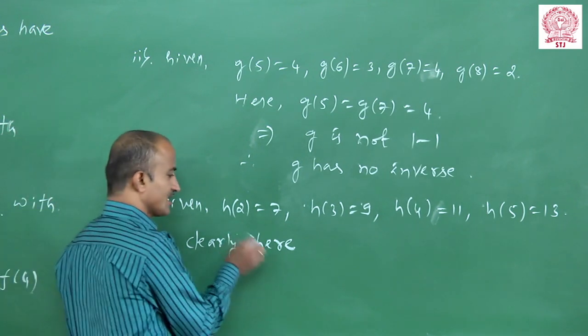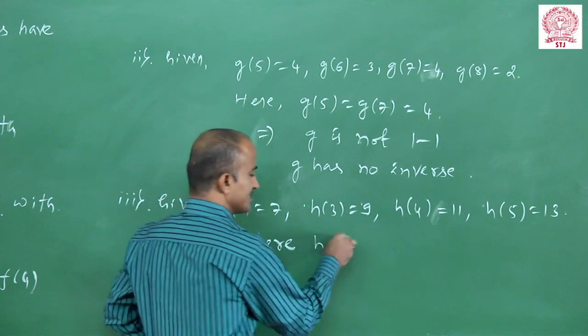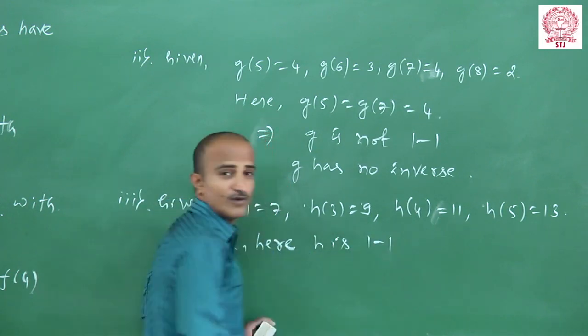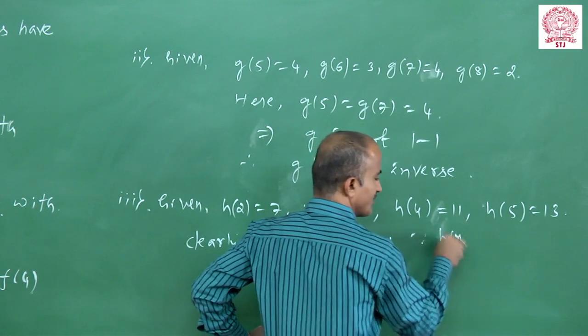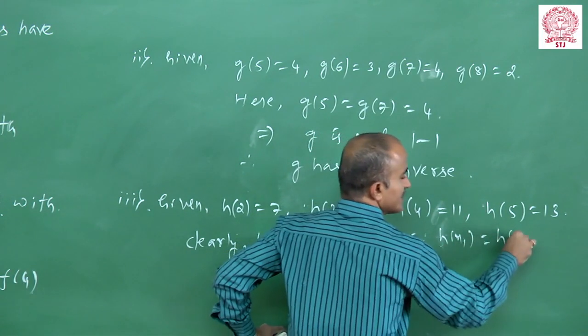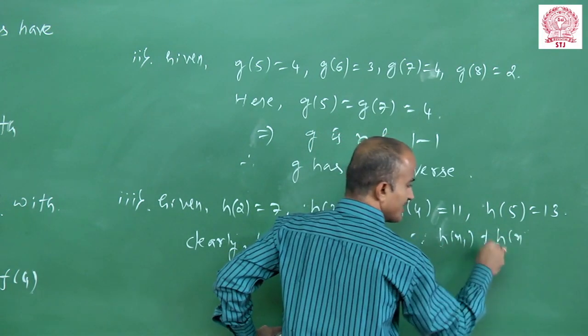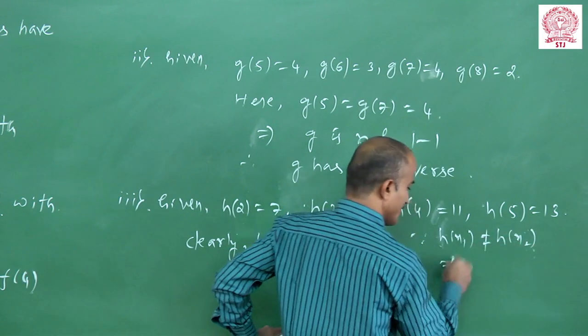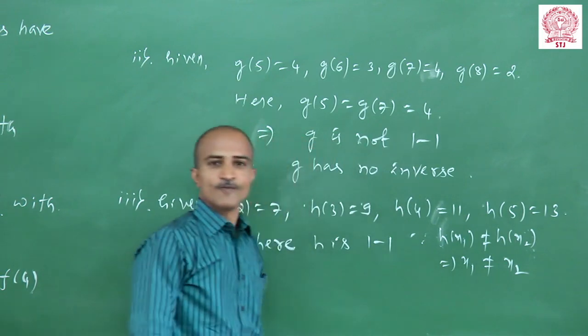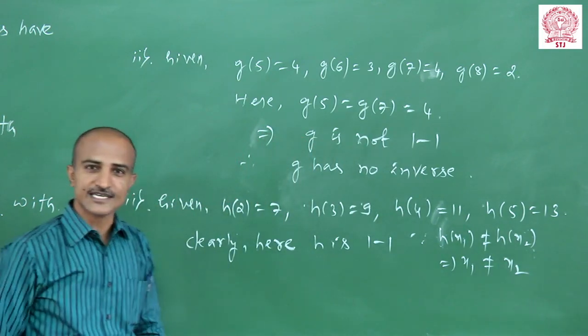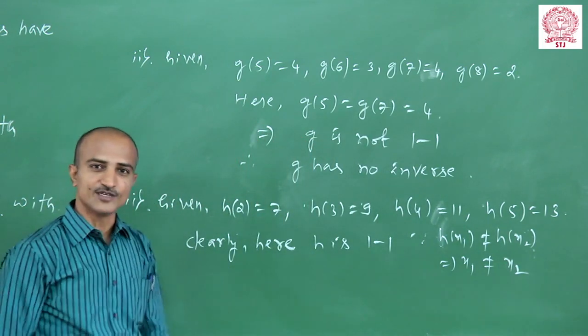Since h of x1 not equal to h of x2 implies x1 not equal to x2, therefore h is 1 to 1.